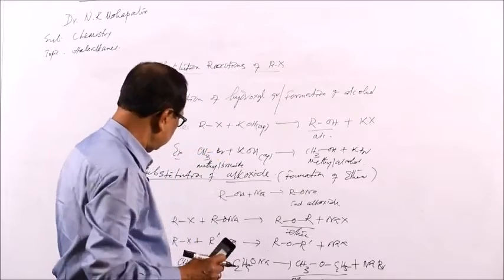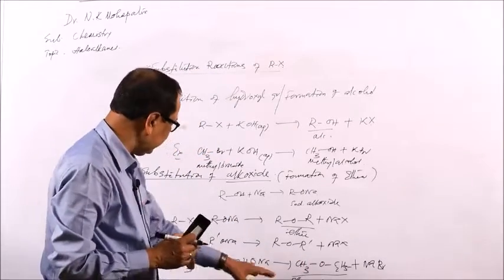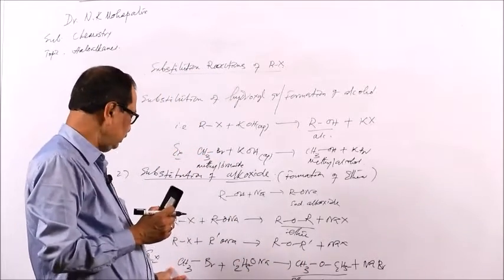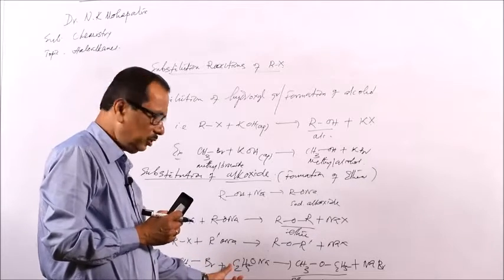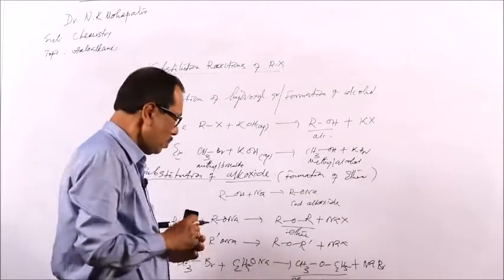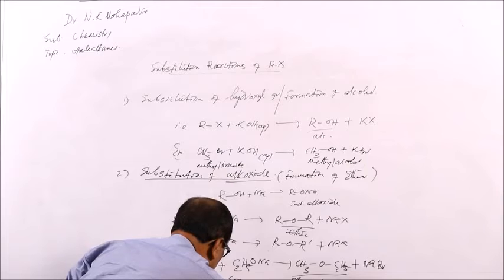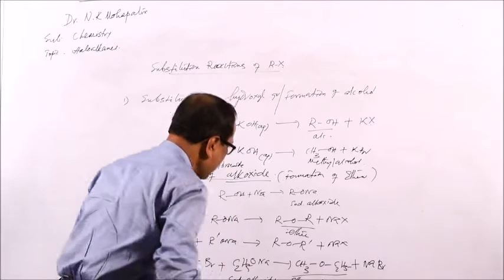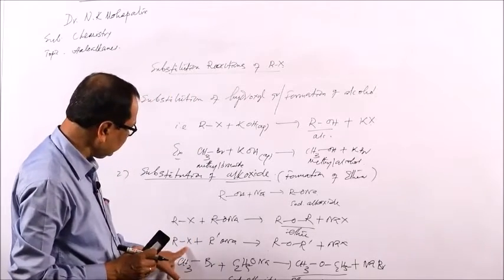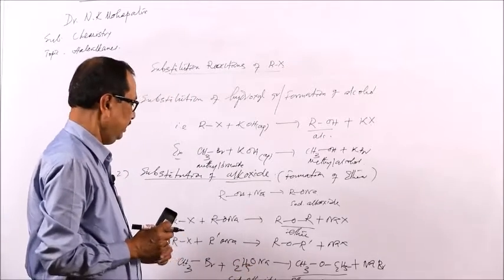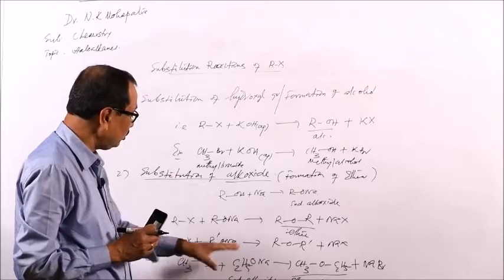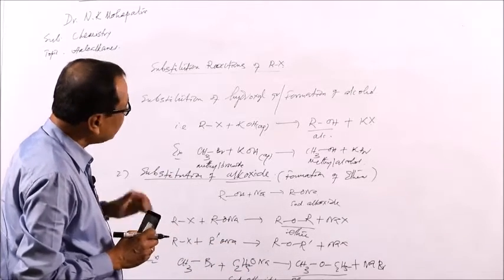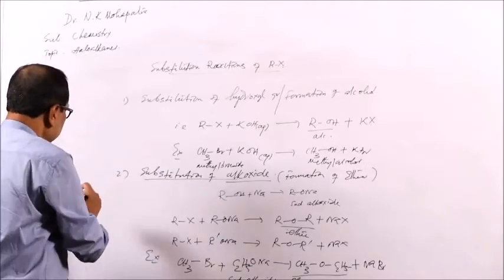If you want to get dimethyl ether or diethyl ether, you take ethyl bromide and sodium ethoxide, then you are getting ether. This is sodium ethoxide. So this reaction is substituting the halogen atom by OC2H5 or OR. This reaction is called Williamson synthesis.